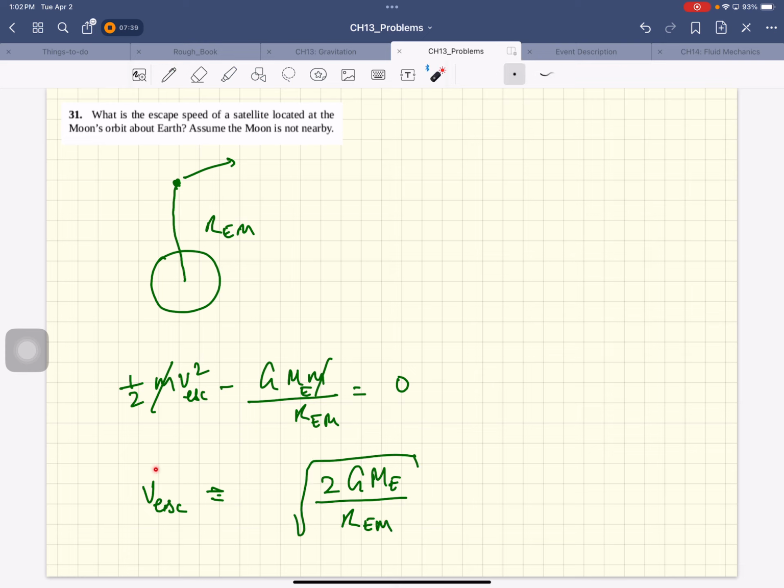Okay, so what is this saying? The escape velocity from Earth when you start off at that distance, Earth-Moon distance. Do you guys remember what is the escape velocity from the surface of the Earth? 11 kilometers. Very good, 11.2 kilometers. Okay, so if you try and escape from higher and higher, if this increases, the escape velocity decreases. Okay?